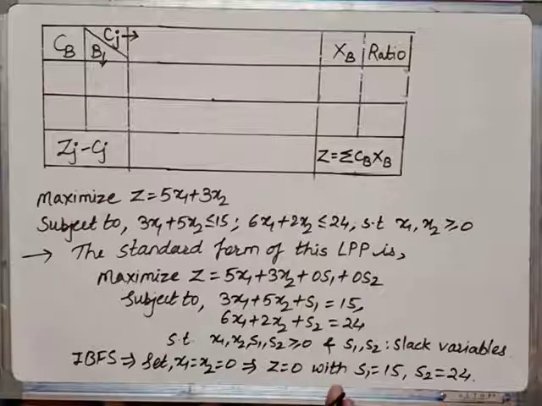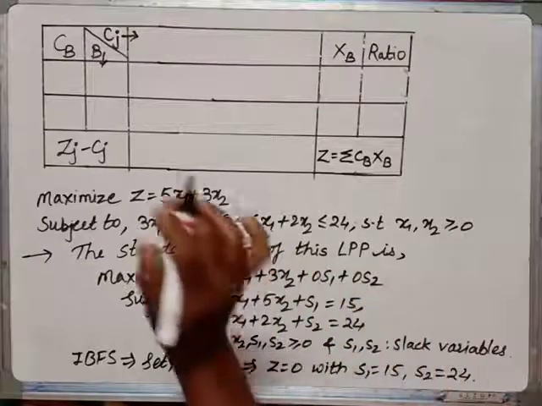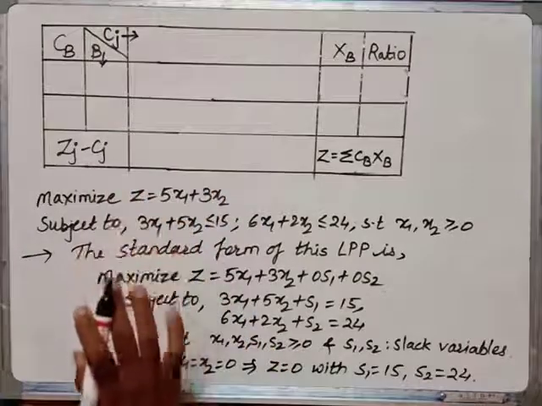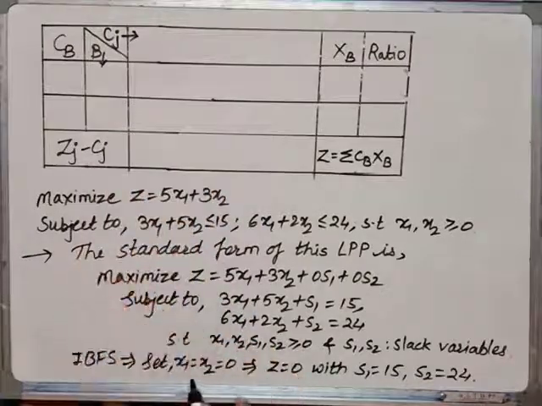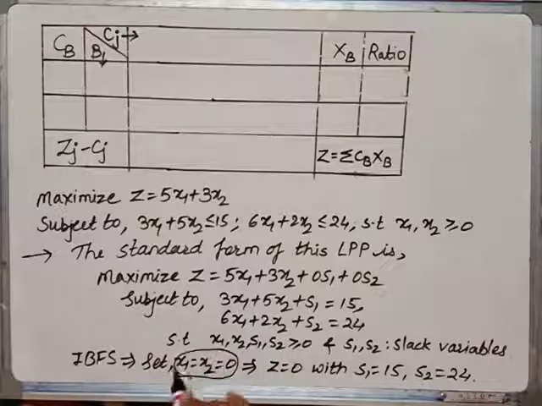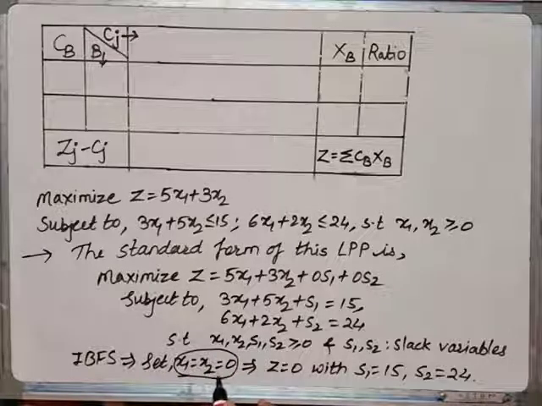You know, this will give us that it produces nothing while it depends on the unused amount, that is S1 and S2. Now, how will we write these things here? Now, here these x1, x2 are set to 0, meaning these are non-basic variables.